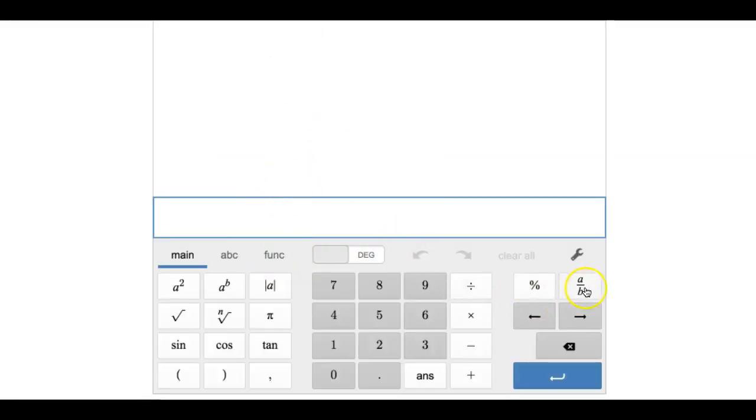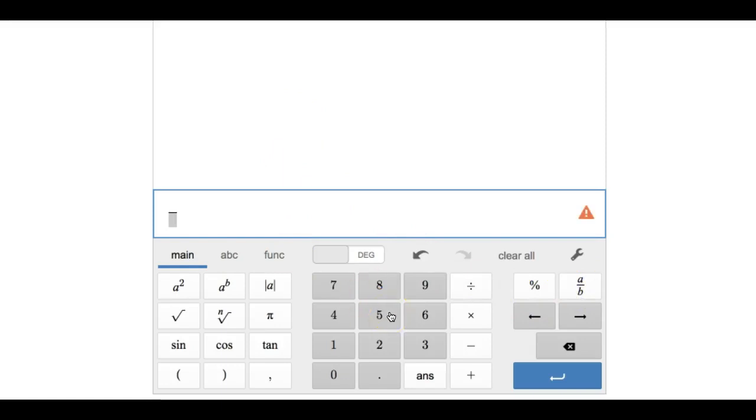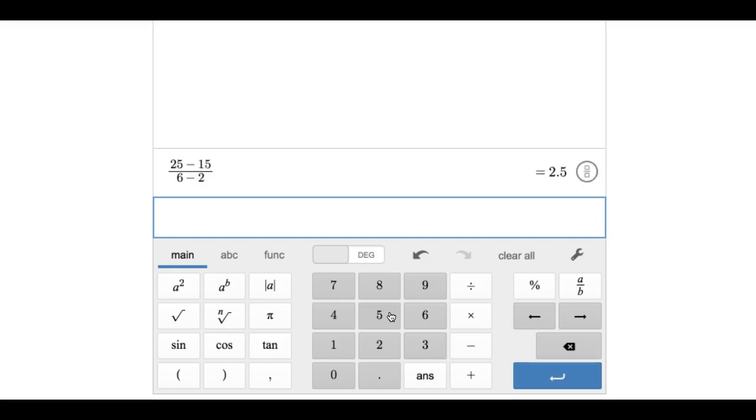There it is, fraction bar, and we're doing 25 minus 15 over 6 minus 2. And it's telling me that my slope is 2.5, all right? And sometimes you may get that as a fraction, which will be 5 over 2, but we can leave it at 2.5 for now.